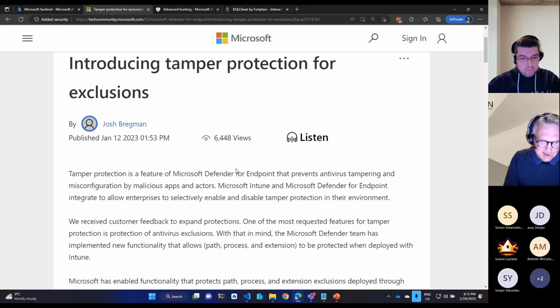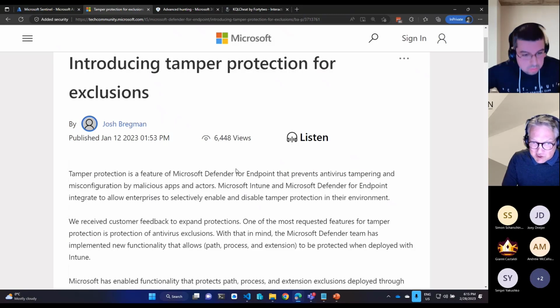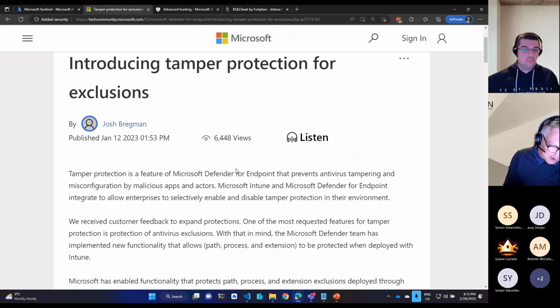So stopping the service, trying to turn off real-time protection and that sort of activities. Because for those familiar with the matter, there are various malware or scripts that try to turn off Microsoft Defender.